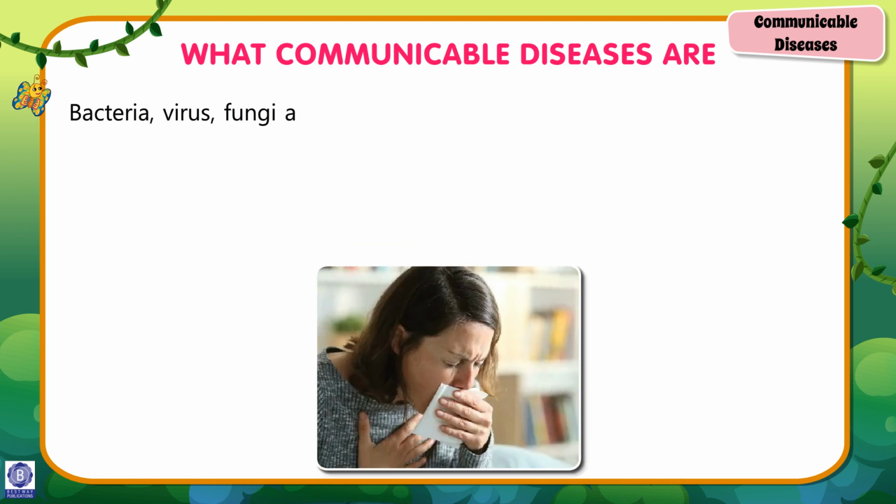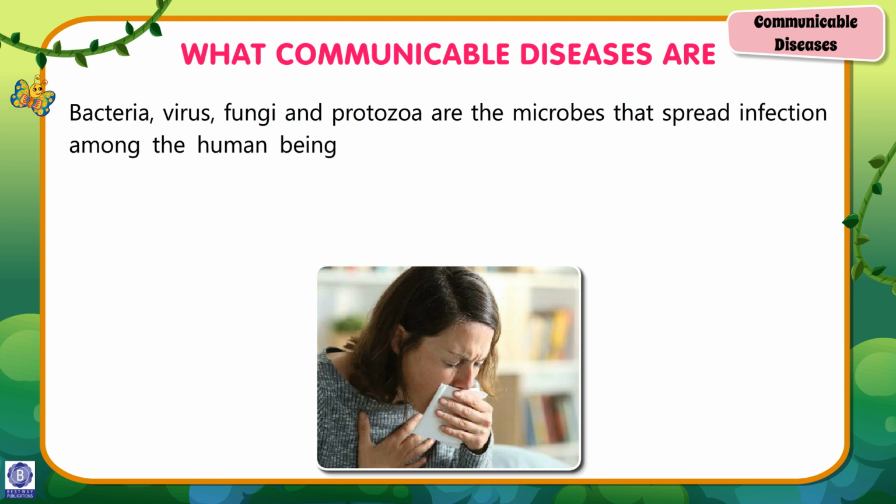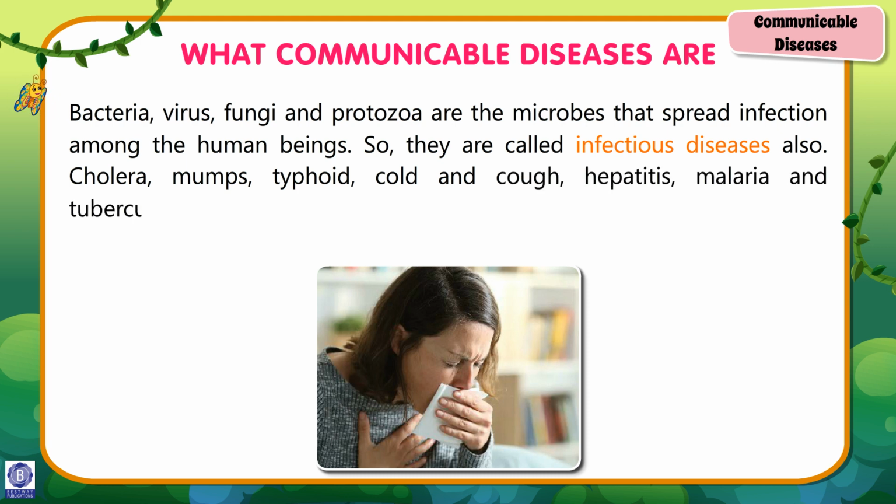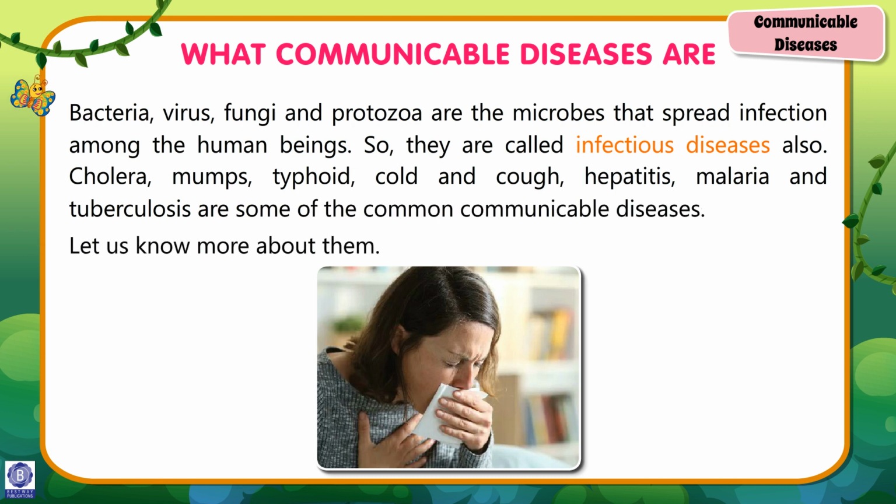Bacteria, viruses, fungi and protozoa are the microbes that spread infection among human beings, so they are called infectious diseases also. Cholera, mumps, typhoid, cold and cough, hepatitis, malaria and tuberculosis are some of the common communicable diseases. Let us know more about them.